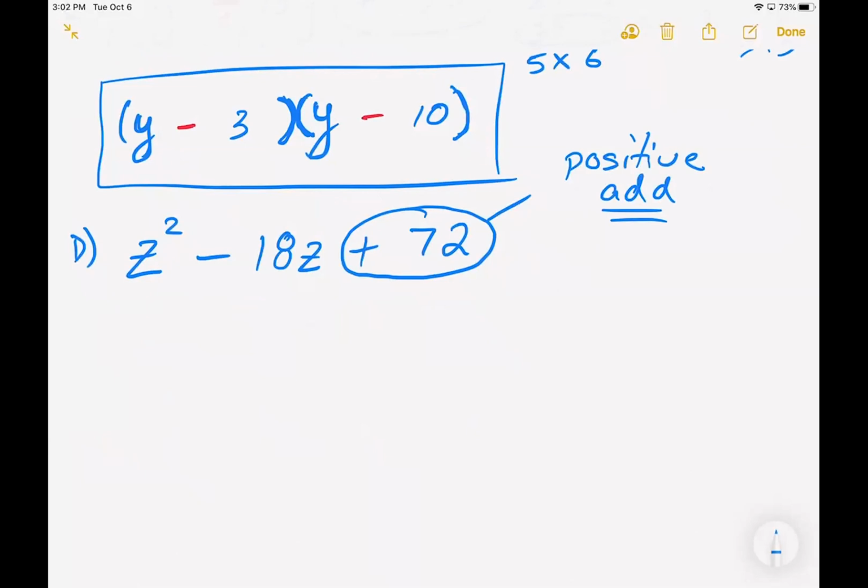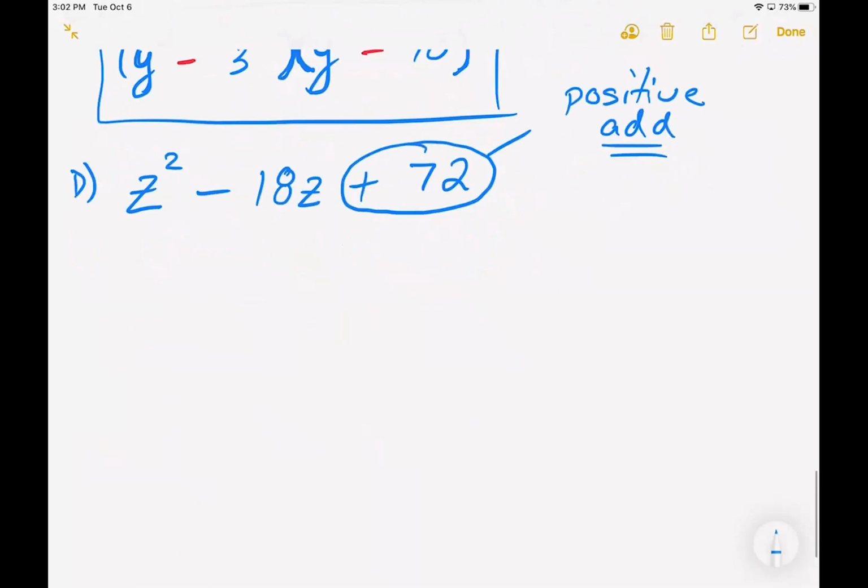If you're in doubt, and it's not wrong, it just takes time, just list everything out.